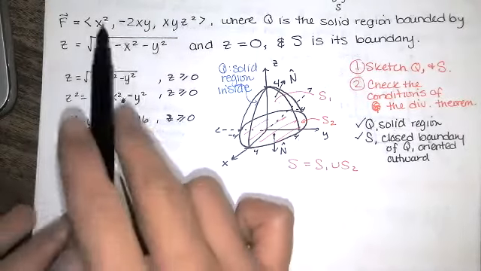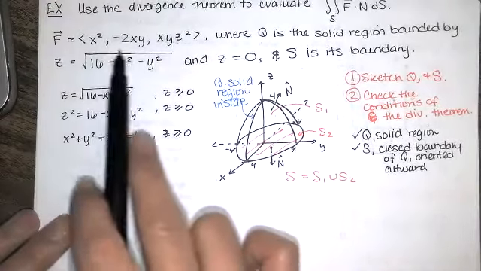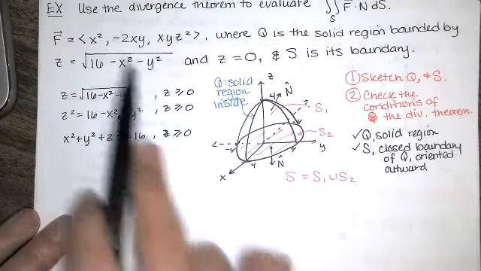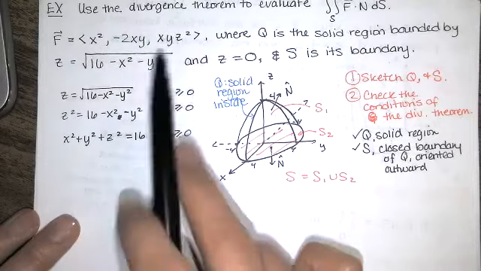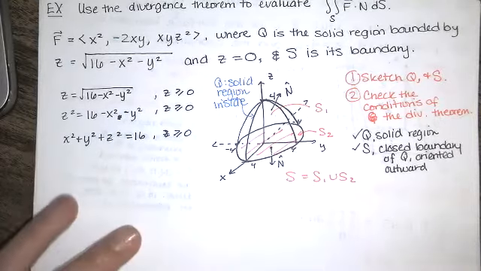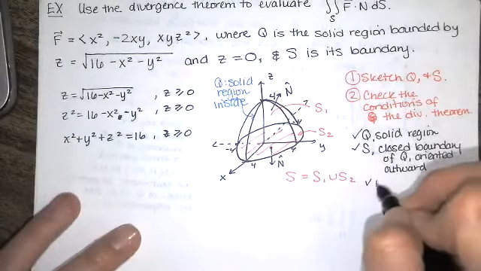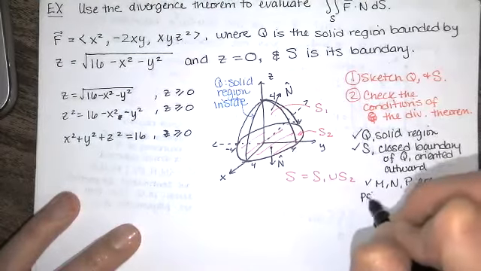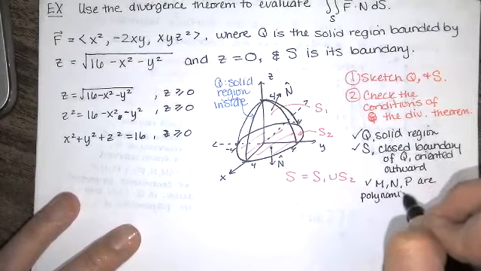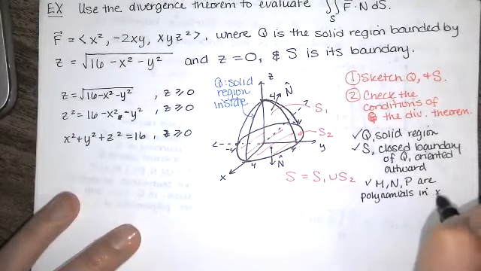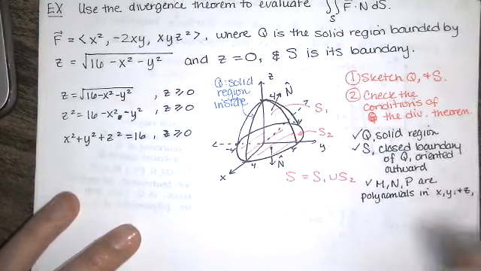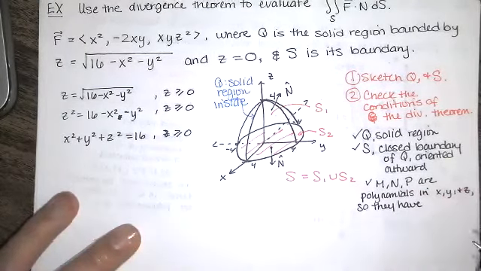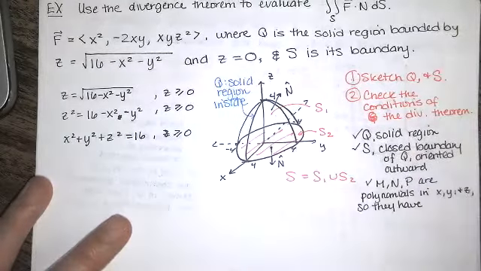Well, we need the field to have components that have continuous first partial derivatives in Q. The components of the field are polynomials, so we have no problem with that. So M, N, and P are polynomials in X, Y, and Z. So they have continuous first partials throughout all of three-dimensional space.